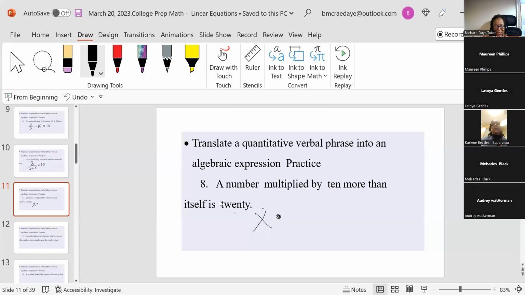So it's X times what? 10 more than X. Itself is the first thing that you say. It means the same variable.